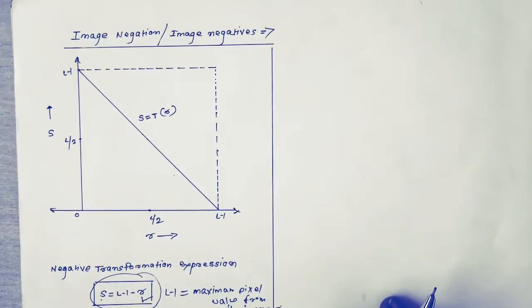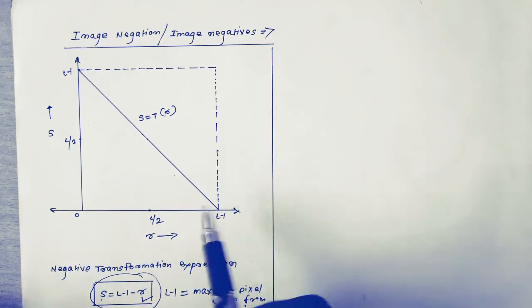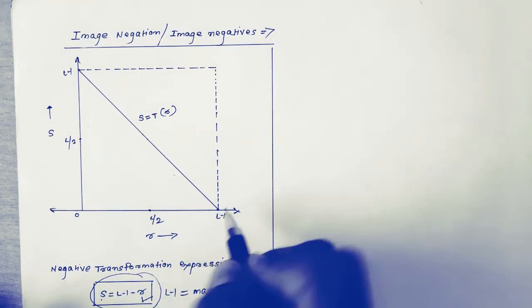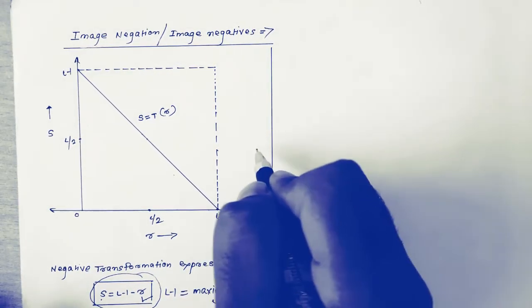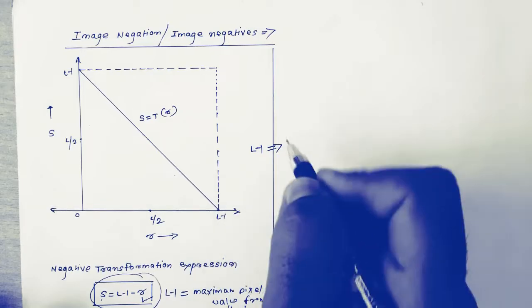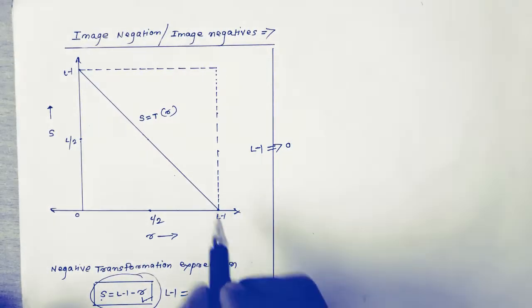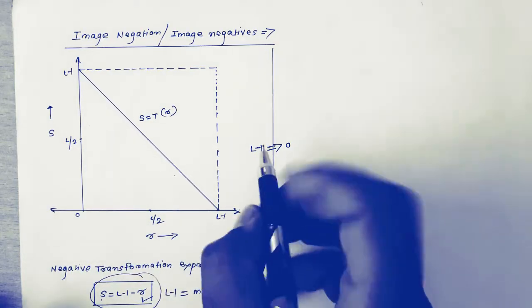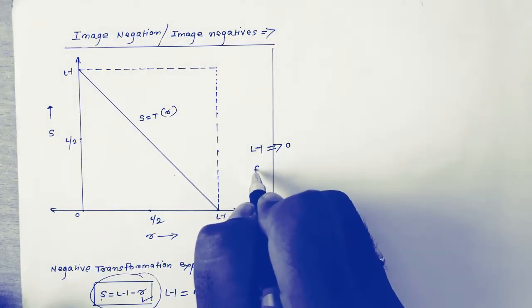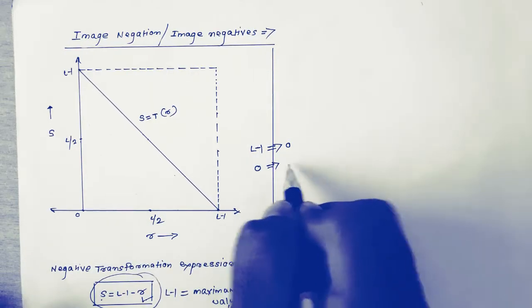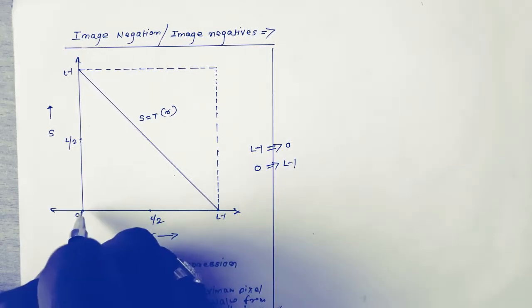Now if you look at the transformation curve, the value L minus 1 from input is mapped to 0. Means the maximum pixel value from input is mapped to 0, and the lowest value from input, that is 0, is mapped to L minus 1 in the output.